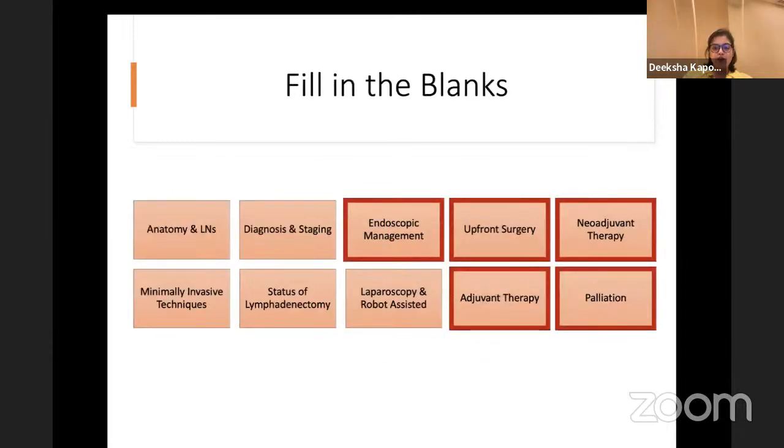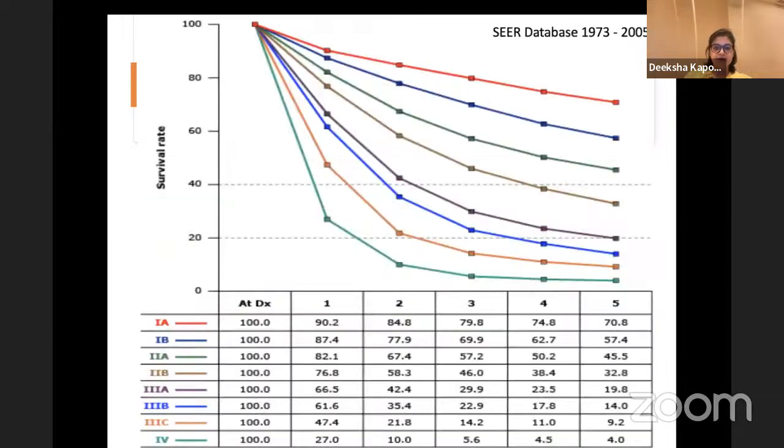So I'm going to fill in the blanks, things which have not been discussed so far, and I'm going to focus on these three: the role of neoadjuvant therapy and adjuvant therapy, and how we factor in surgery, and how do we place and create our equation to give the patient the best possible survival outcome.